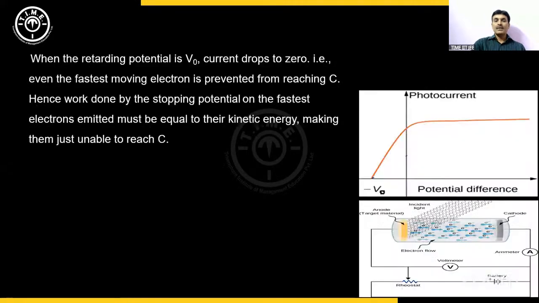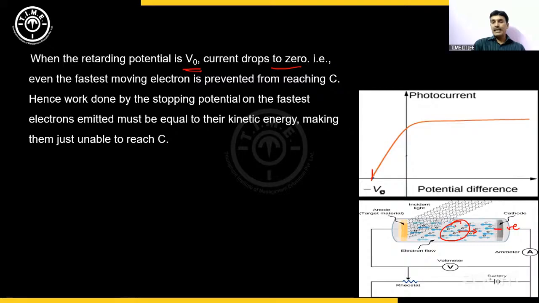So when the retarding potential is V0, current becomes 0, as shown here. So what happens at this V0? These electrons cannot move towards the anode because it is made negative.